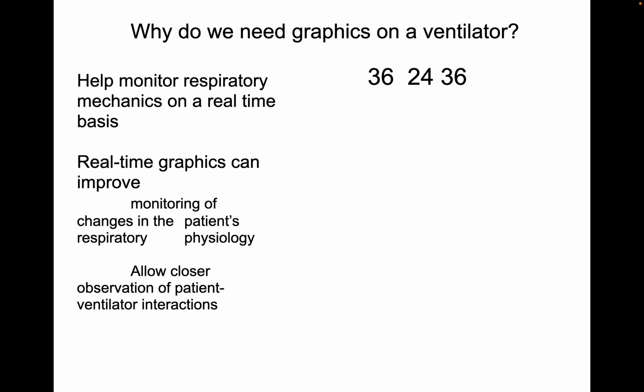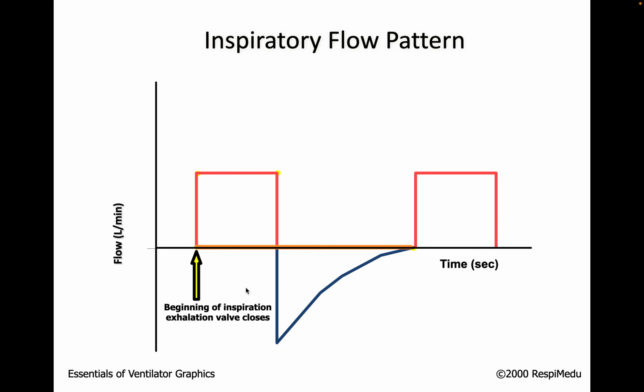So talking about the first, flow versus time, this is how the standard inspiratory flow pattern looks. This is the beginning of inspiration, and the expiration valve closes. The positive deflection, the positive box, is inspiration, and as we know expiration is passive, so it will gradually return to the baseline, unlike the box which is preset on the ventilator.